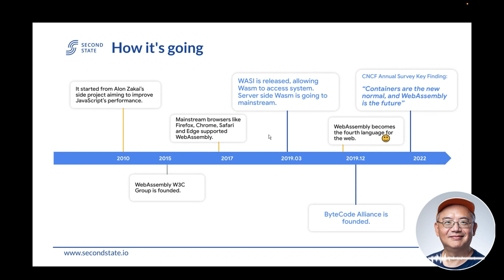However, if you want to run it on the server, it has to run directly on top of the operating system. So it needs things like networking access, file system, environmental variables, and things like that. So that's why WASI was born. WASI essentially is a POSIX standard for WebAssembly so that it can interface with the operating system underneath it.